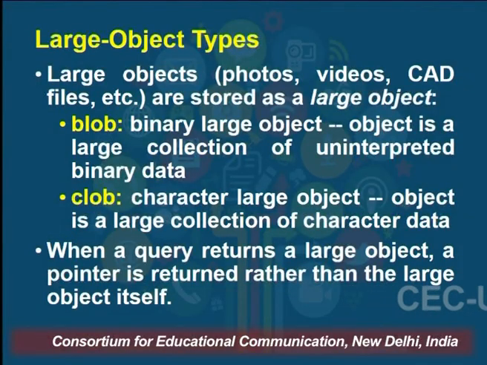Now one very important point here is that when a query or any statement or command returns these types of large objects, BLOB, CLOB or others which are available, it's not that the whole large object is returned.